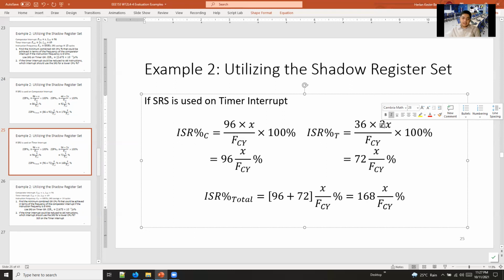So, ayun, di ba, kunwari, kahit maging 1,000 si comparator ISR count, parang mas mabilis pa rin or mas mababa pa rin yung CPU percentage overall pag in-apply mo siya dun sa mas madalas mangyari na timer interrupt.